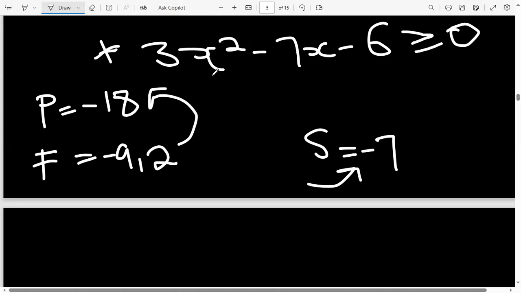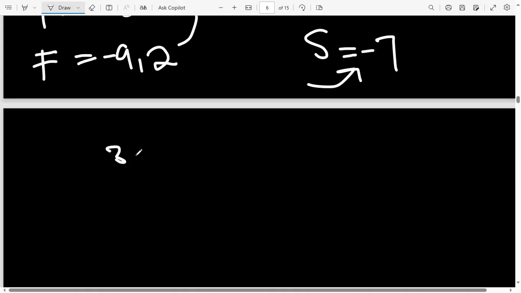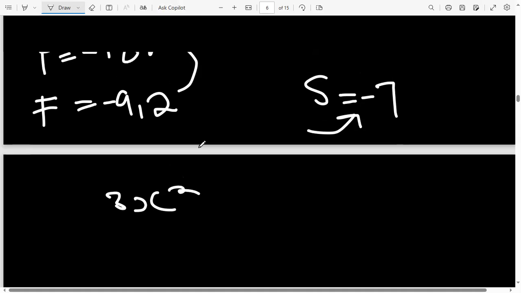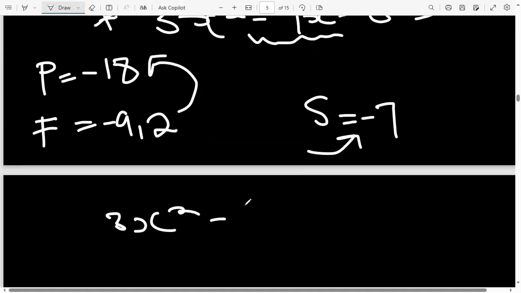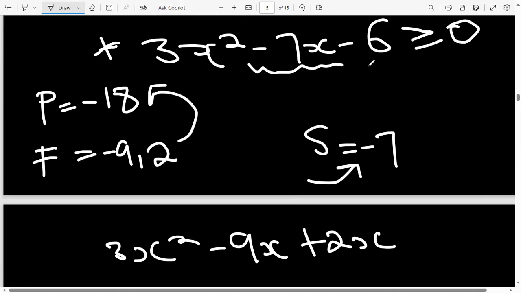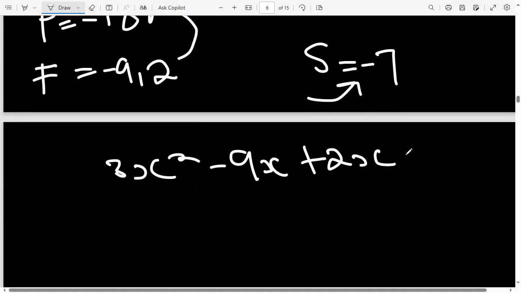Now that we have these factors, we can replace the minus 7x with them. So I'm going to write 3x squared, minus 9x, plus 2x, and then minus 6 is greater than or equal to 0.